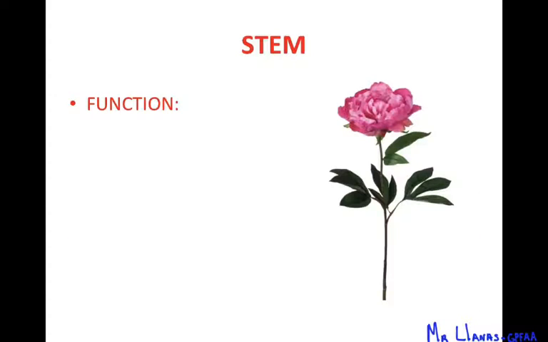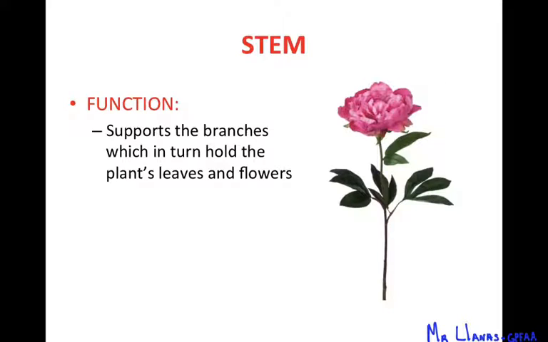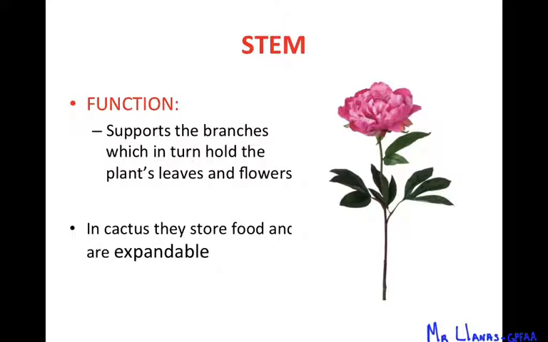Now the other part of the plant, okay, we already talked about parts underground. Now we're going to talk about parts above ground. The stem is very important for a plant, because it supports the branches, which also support the flowers. Okay, and something important about stems is that they also expand to store food and water.